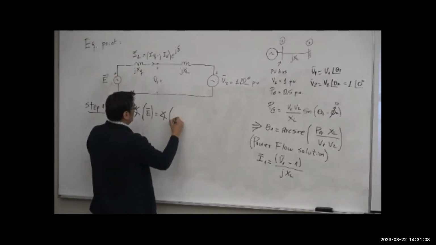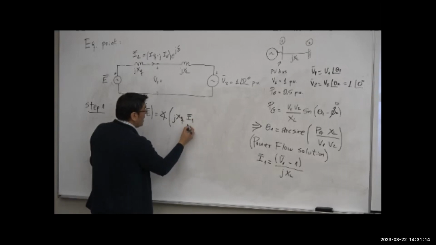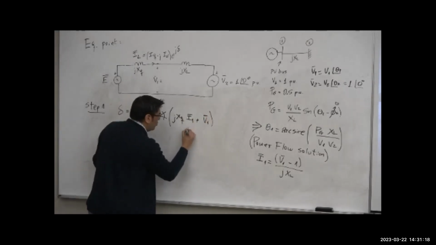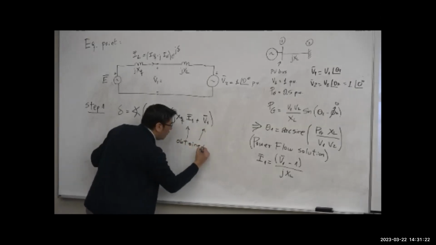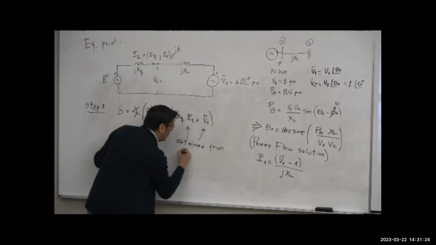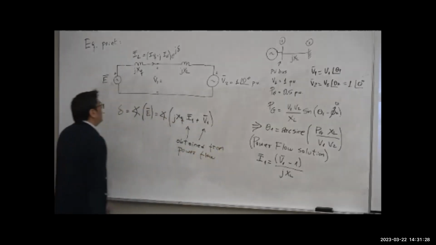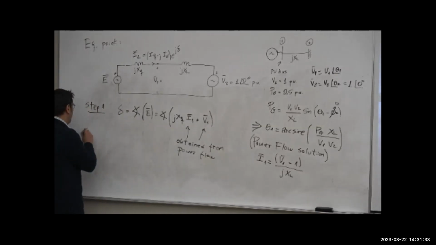So basically, this is jXQ multiplied by the current I1 obtained from the power flow plus V1. These two are obtained from power flow. Okay, so we have initialized the angle delta.